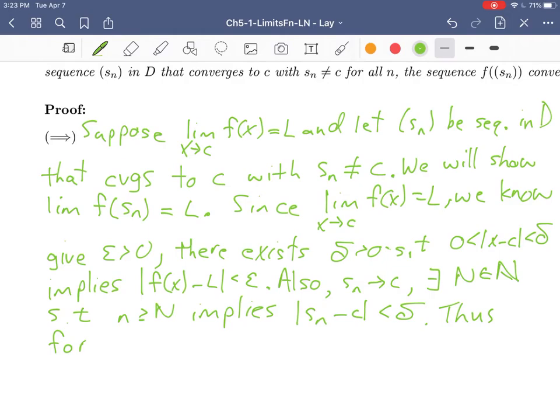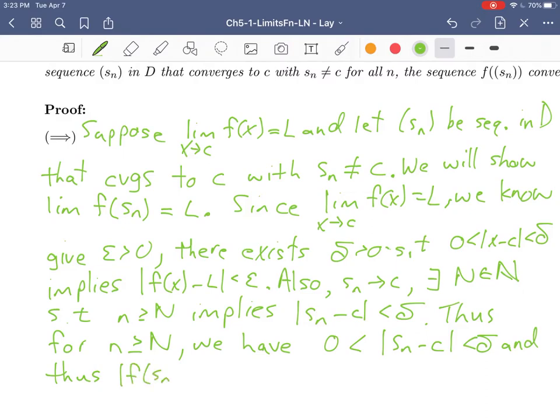Thus, for n greater than or equal to big N, we have 0 is less than the distance between S sub n and C is less than delta, and thus the distance between our function and L is less than epsilon.